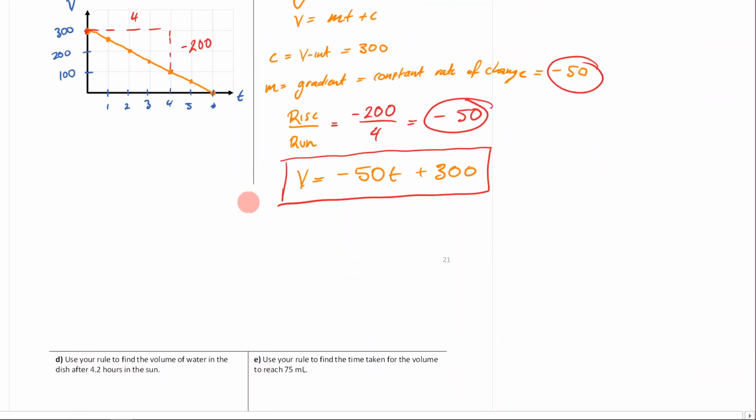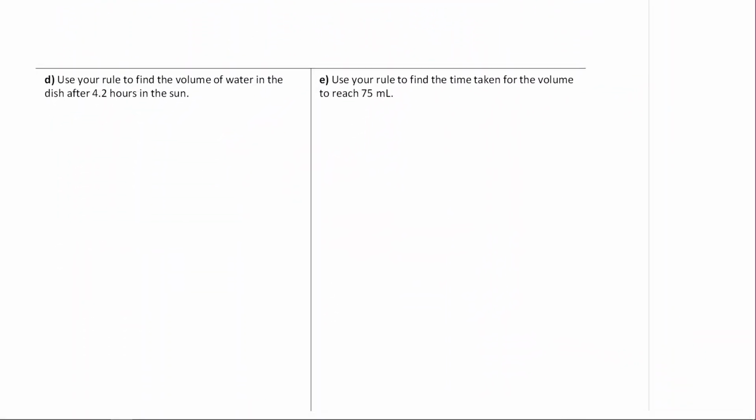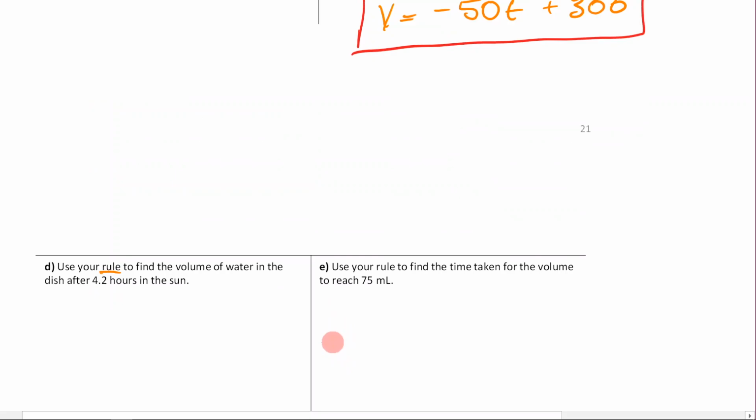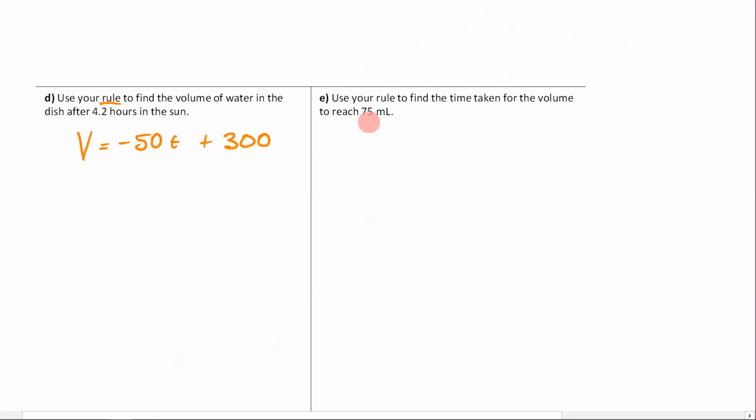All right, let's finish this off. Last two questions here. It says, use your rule to find the volume of water in the dish after 4.2 hours in the sun. It says use the rule, so I'm going to take this rule here. My volume is equal to negative 50T plus 300. Perfect. So we need to make sure we write our rule out first.